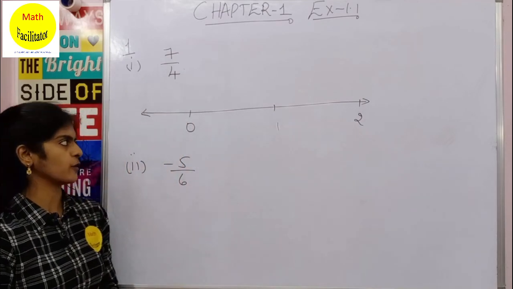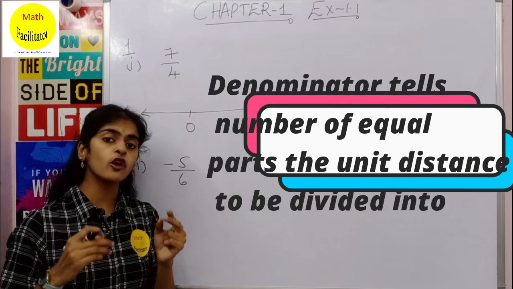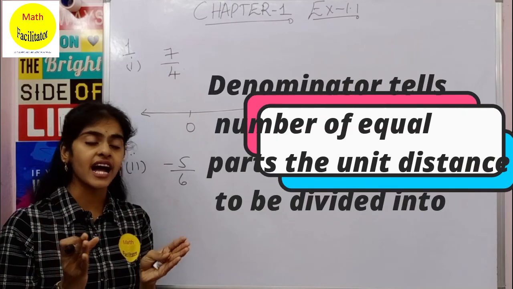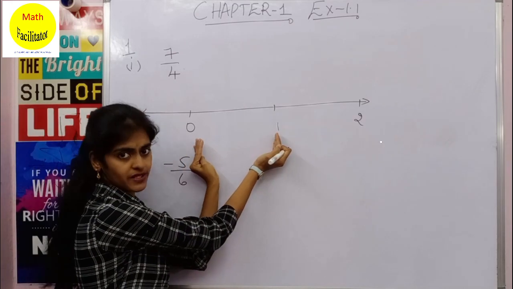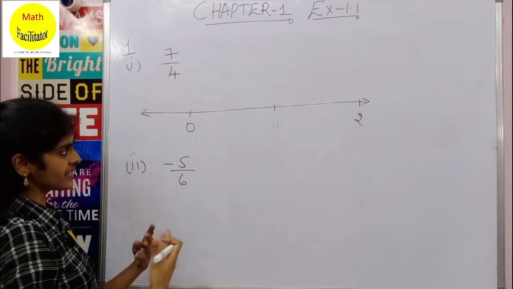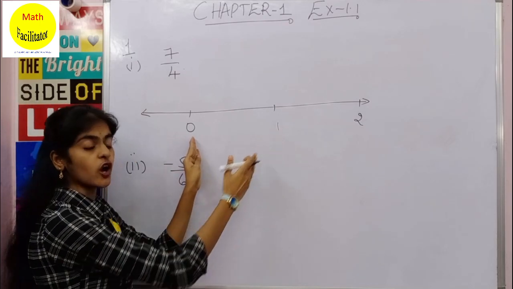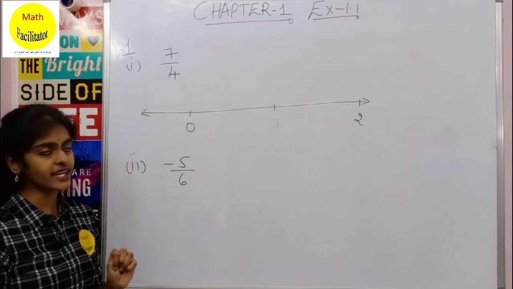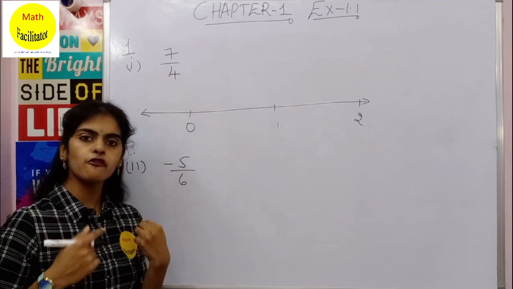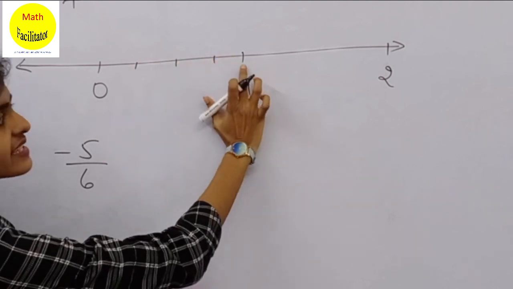Clear? Now I told you that the denominator always represents the number of parts this unit distance should be divided into. Here the denominator is 4, which means this distance between 0 to 1 you have to divide into how many parts? 4 parts, because the denominator is 4. So 1, 2, 3 and this is the fourth part.